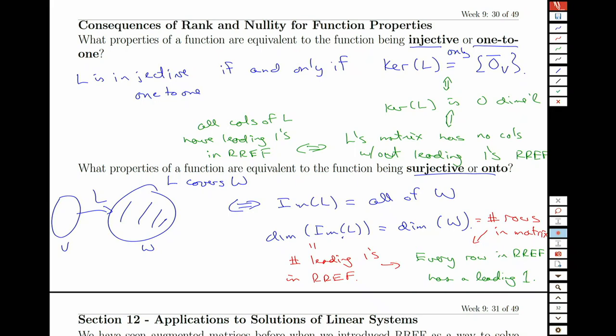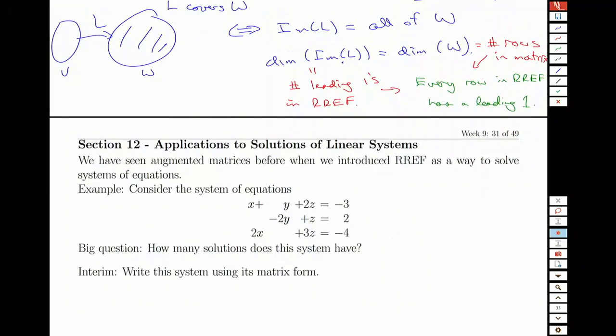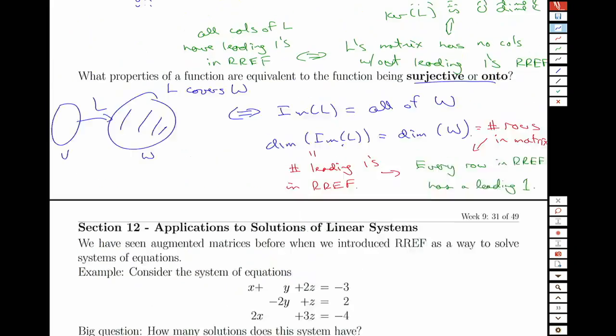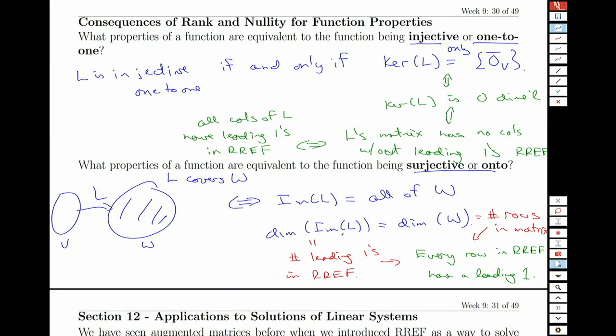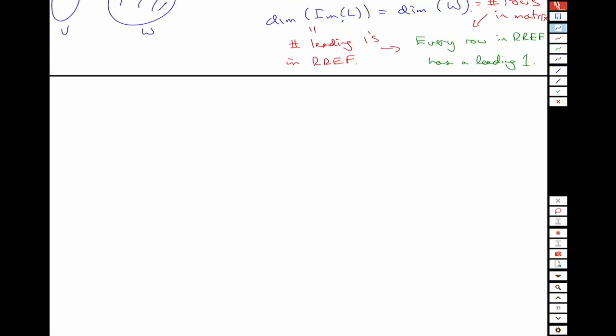What kind of matrices might have that? Well, I'm just going to put it here because it's fresh.